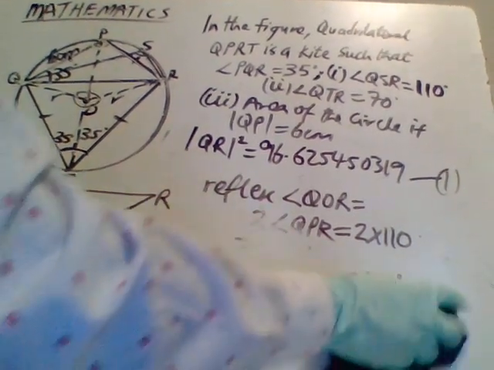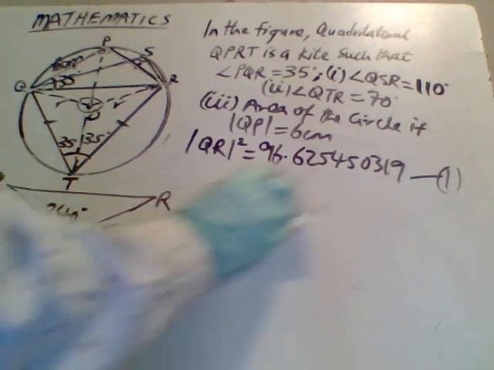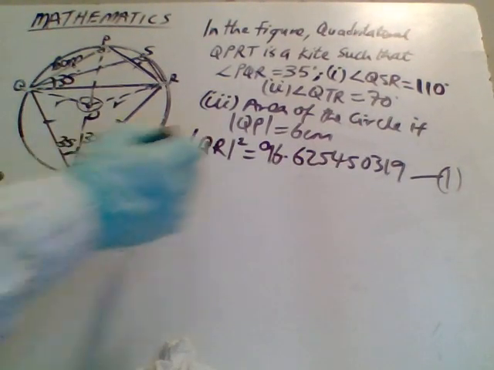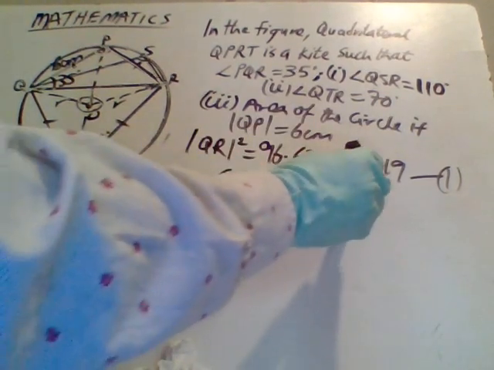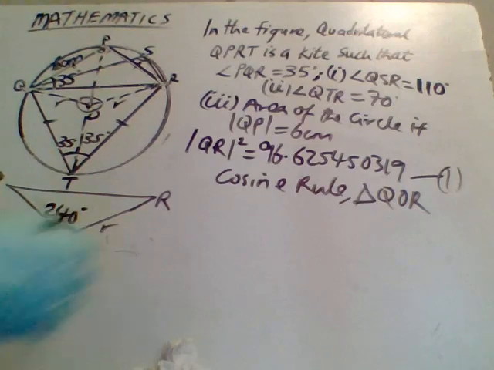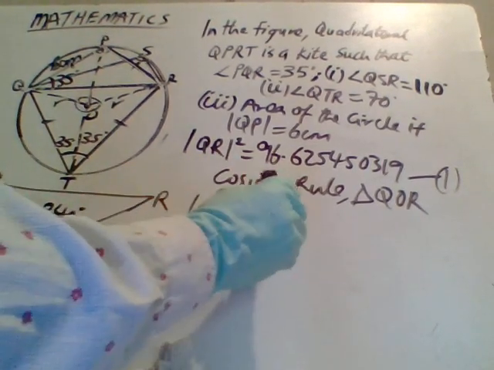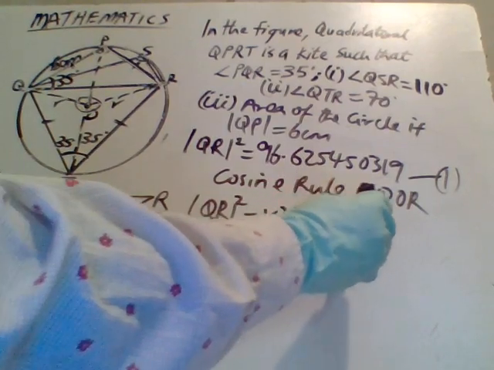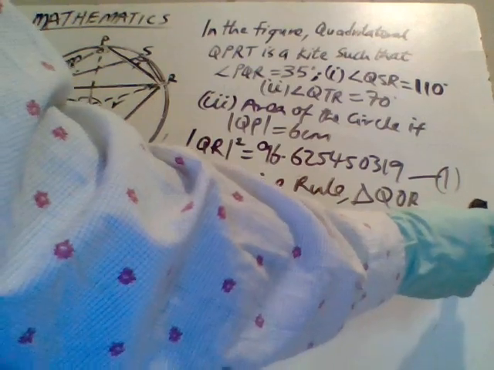Now let's go into getting the radius using cosine rule. Use cosine rule to find the radius from the triangle QOR. So in that case, you have QR squared is equals to R squared plus R squared minus 2R squared cos the angle 240 degree.